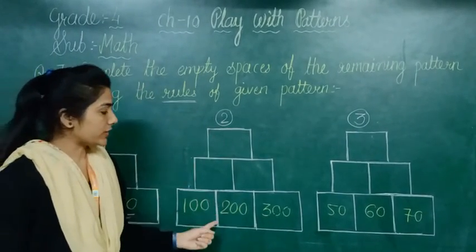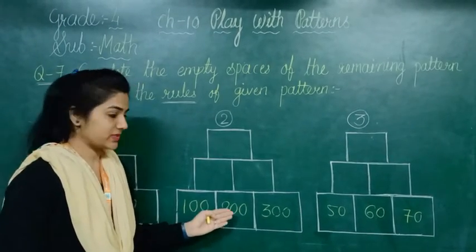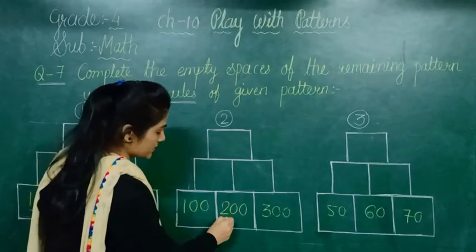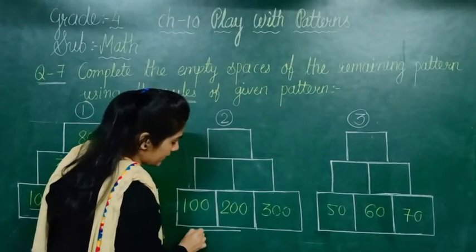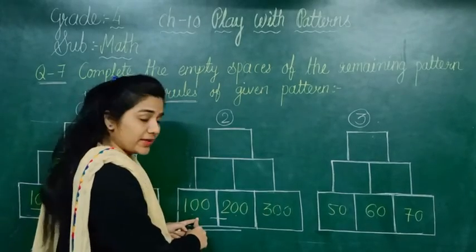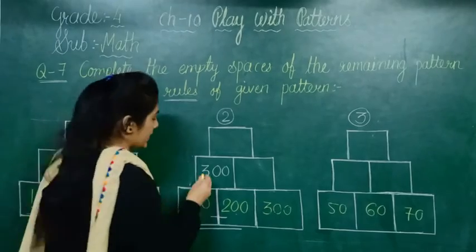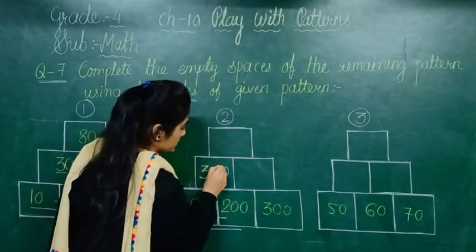If I talk about this second pattern, let's start with the same rule, same pattern. 100 plus 200, together they make 300. 300 is our answer.